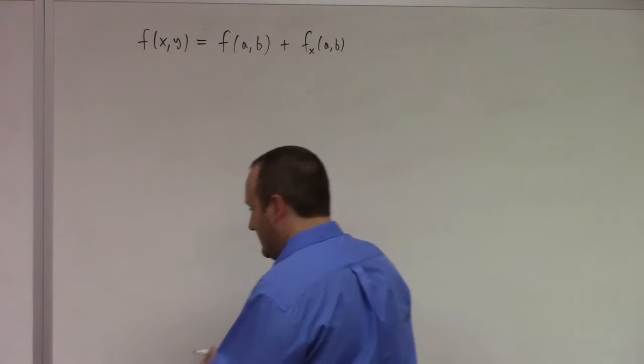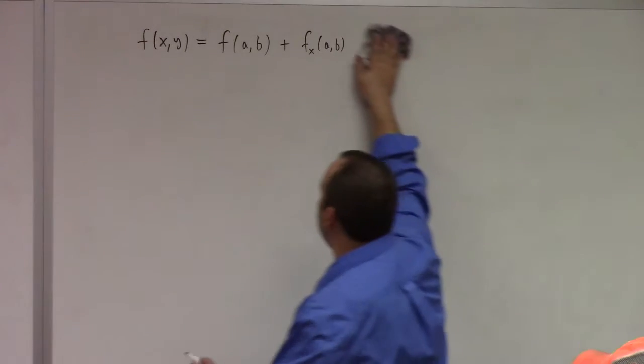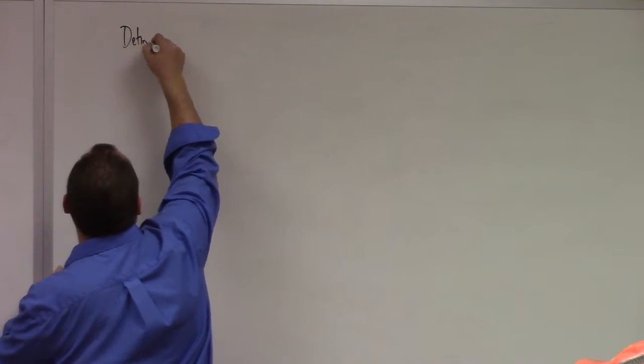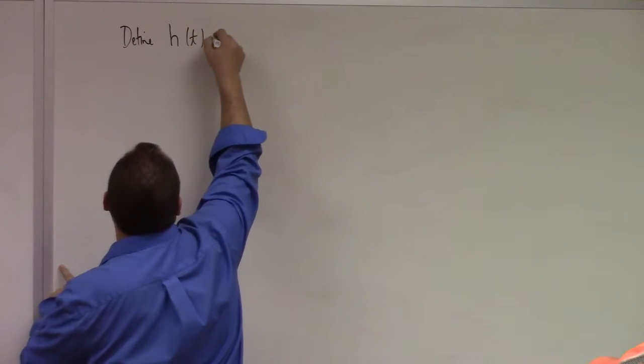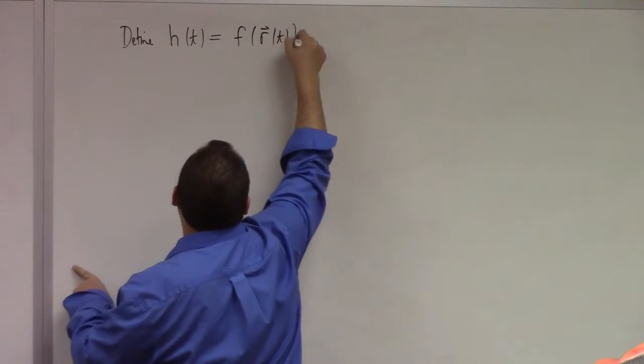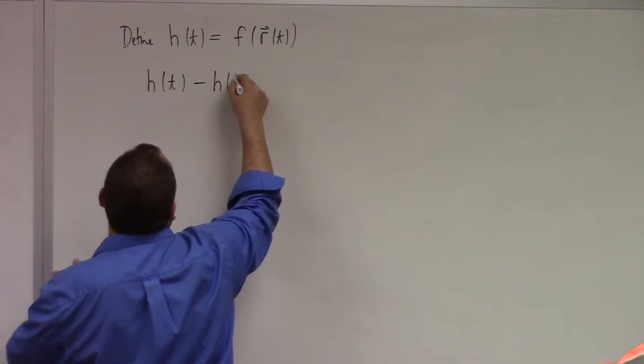Sorry, I need to be slightly more lazy here. So let's define h of t is equal to f of r of t, all right? So what's h of t minus h of t naught?